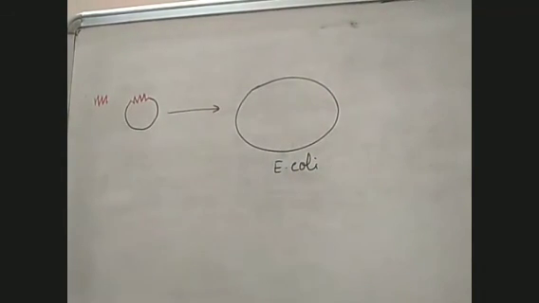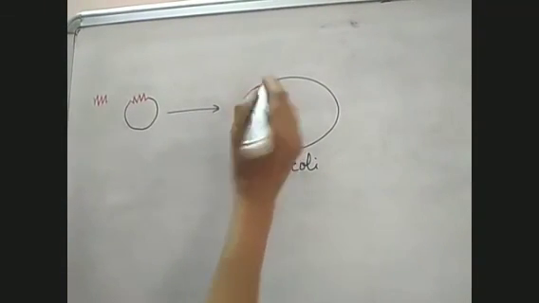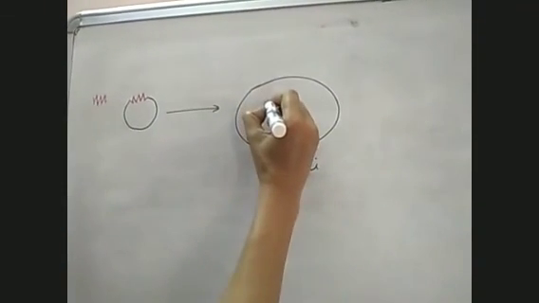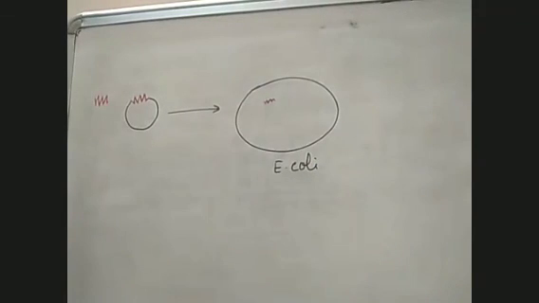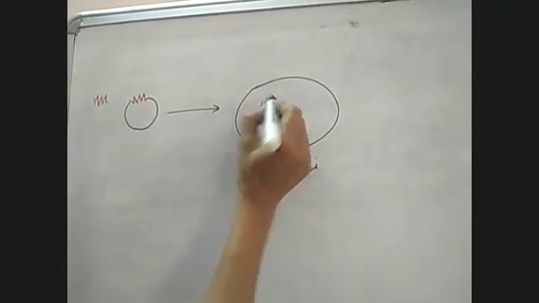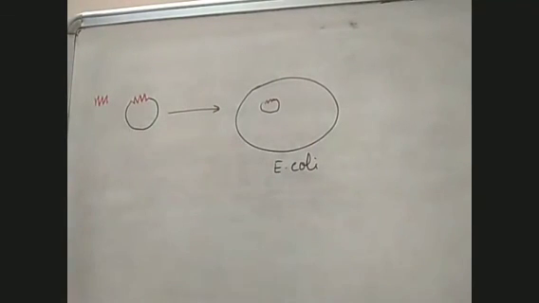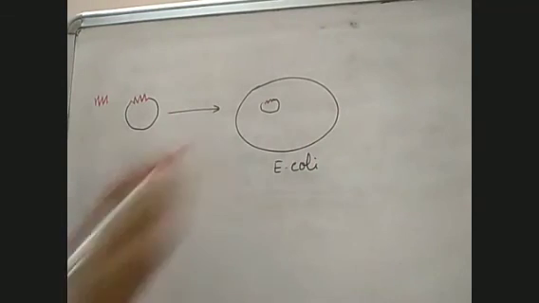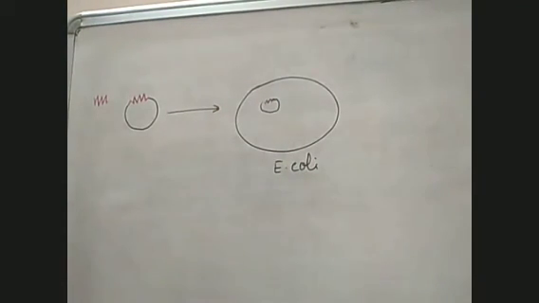So this vector moves in this. Now this is the plasmid. Inside, what happens? This will increase in number. This will multiply, as well as the bacterial cell will also multiply.